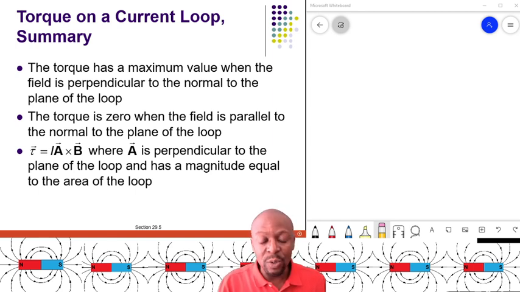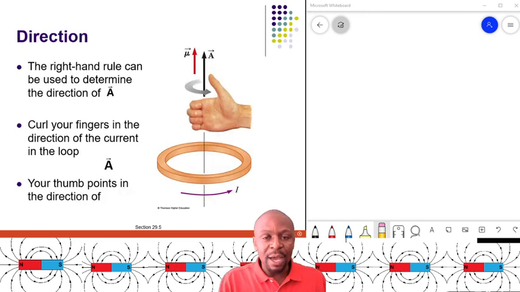So in that case, you are just going to have 0, because for parallel or antiparallel vectors, the angle between them is 0 or 180. Now the torque is just given by that, and the A vector is perpendicular to the plane of the loop and has a magnitude equal to the area of that loop. Right, now in terms of the directions, this is what you are going to have.